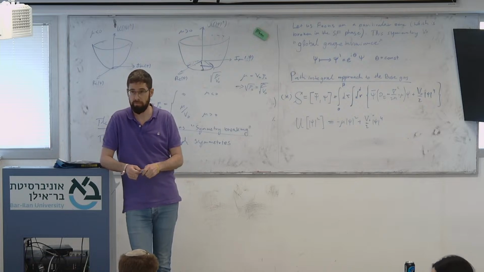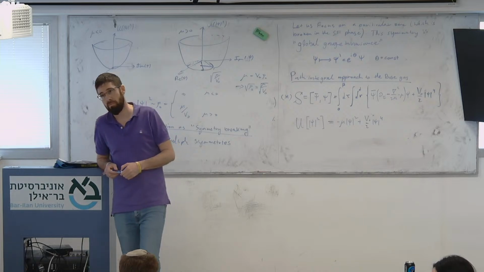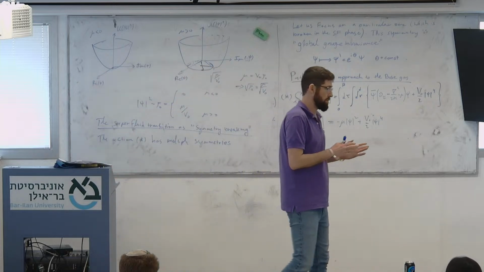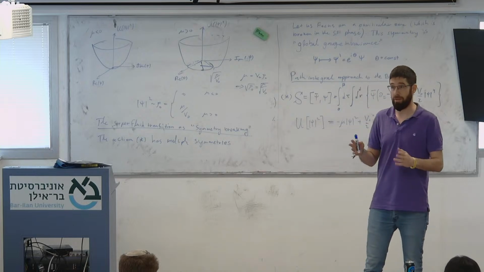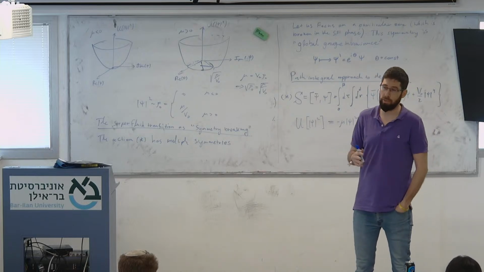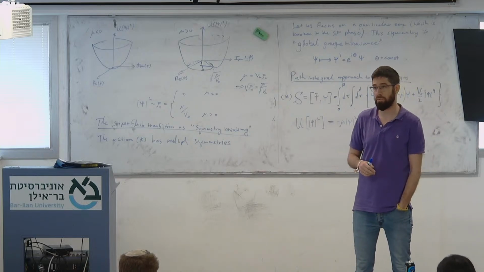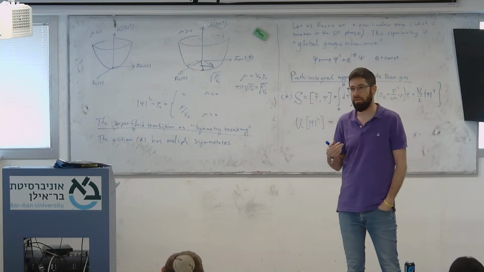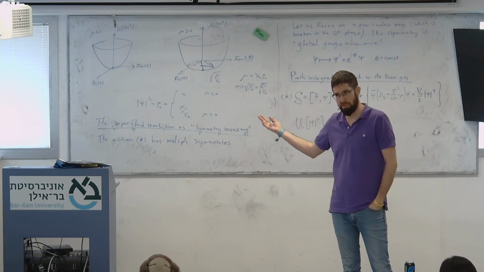So it's come together. As long as the boson number is conserved, you cool it down, potentially it will become a superfluid. This is the reason why we looked at this model.